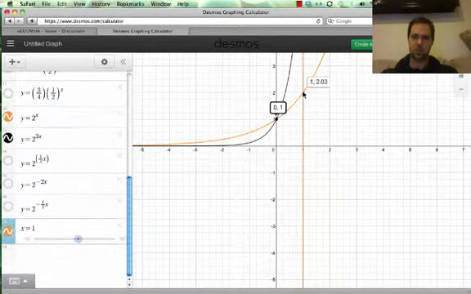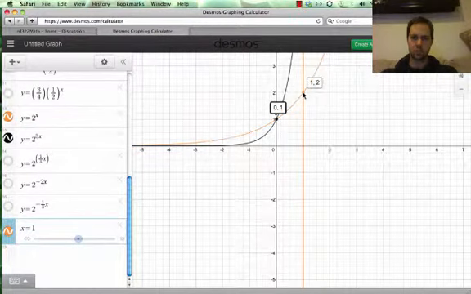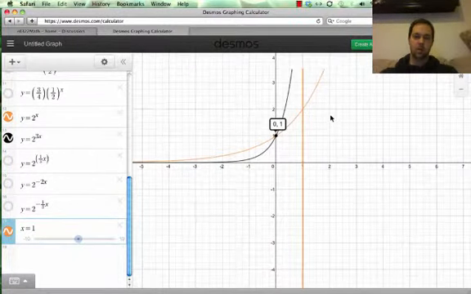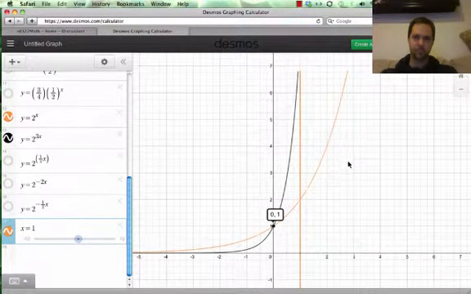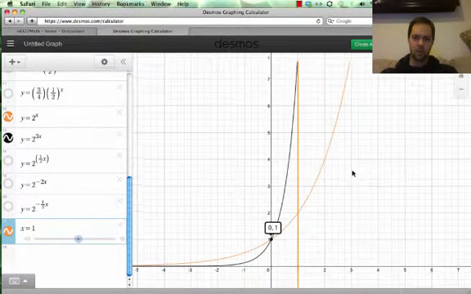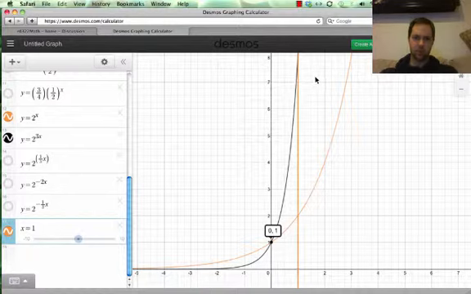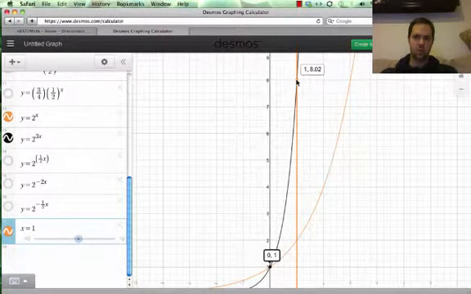Hey, Desmos? Jerk. Okay, where x equals 1, y equals 2. Now, if we follow that x equals 1 line, where x equals 1, y now equals 8.